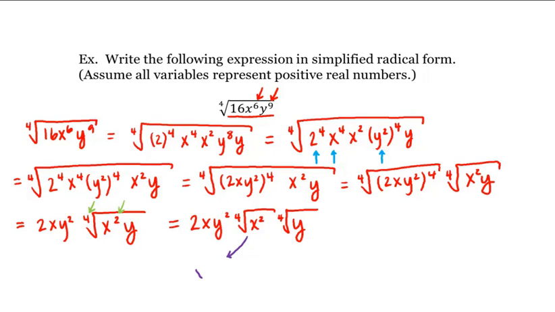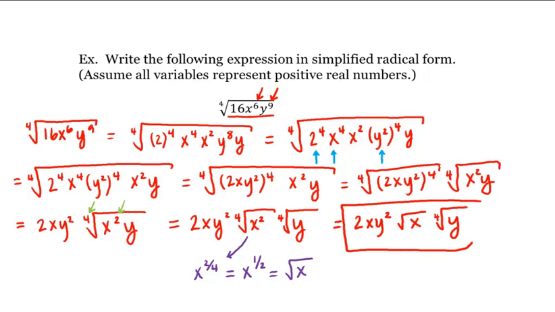In other words, this is x to the 2/4 power, which is x to the 1/2 power, or square root of x. Therefore, this is equal to 2xy squared times the square root of x times the fourth root of y, which would be in simplified radical form.